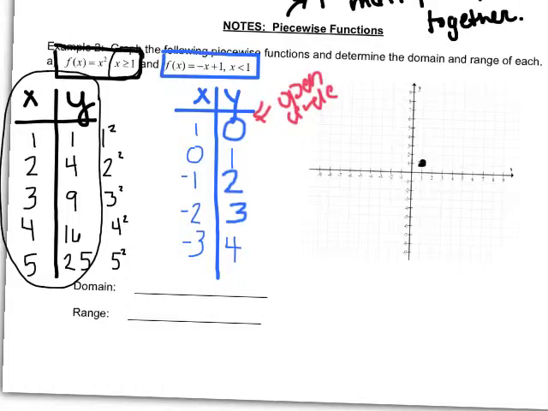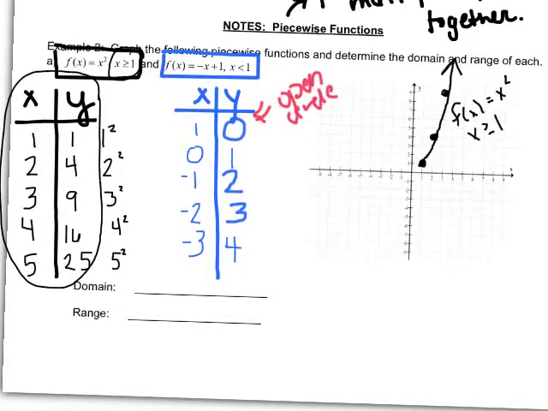Remember, I'm going to do a dot everywhere except that one place is going to be an open circle. 2, 4. 3, 9, and then 4, 16 runs off the page, so I'll have to stop here. And then we connect those 3, and remember that you go forever in that one x direction. So this is f of x equal to x squared, and that was only for the x's greater than or equal to 1, which is why we started at that 1 and then went greater than, so only went numbers more than that, okay?